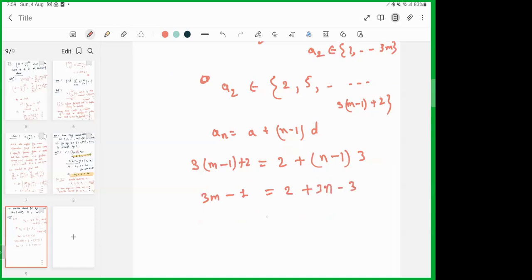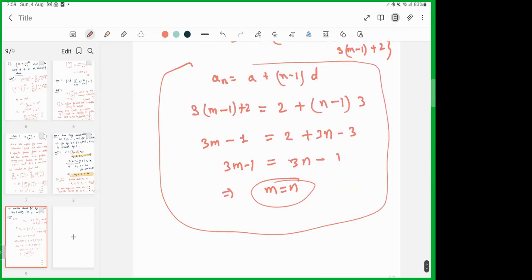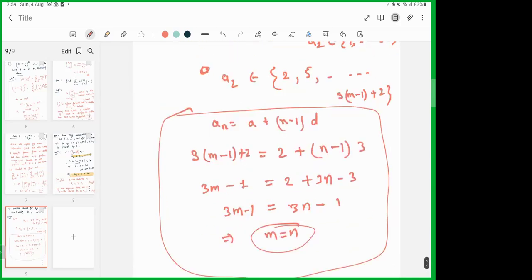So 3m minus 1 is equal to 3n minus 1, which means m equals n. Have you got it? Yes. This is just for your convenience.